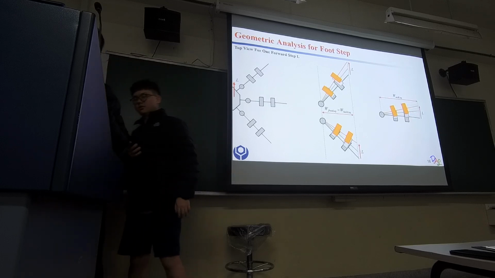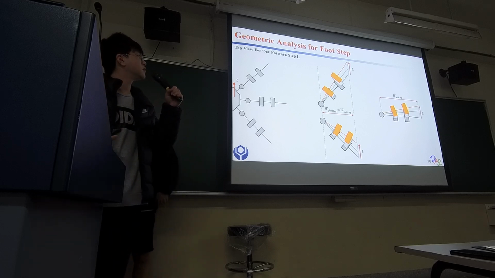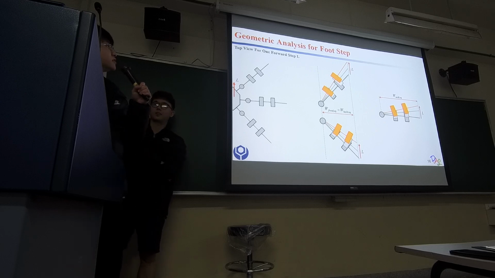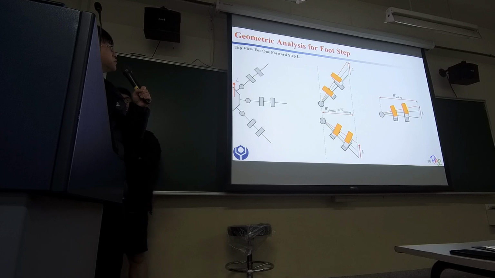So after we finish the introduction of inverse kinematics and forward kinematics, for our project, this is the most important one. We try to find out the best footstep for our robots.